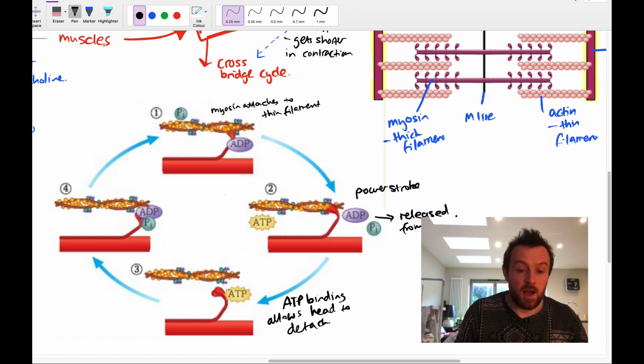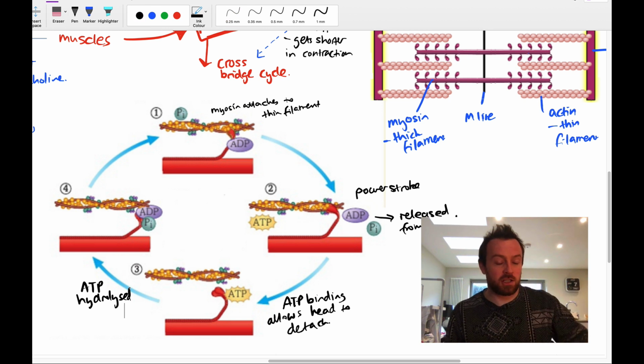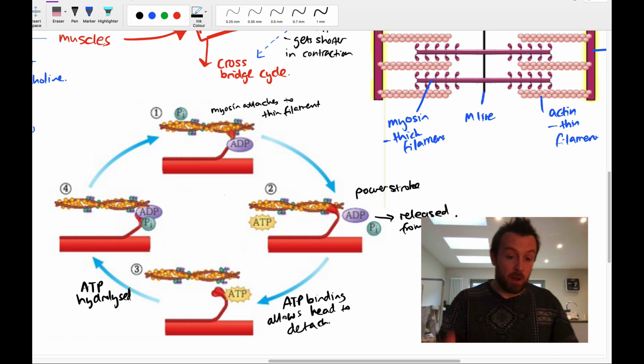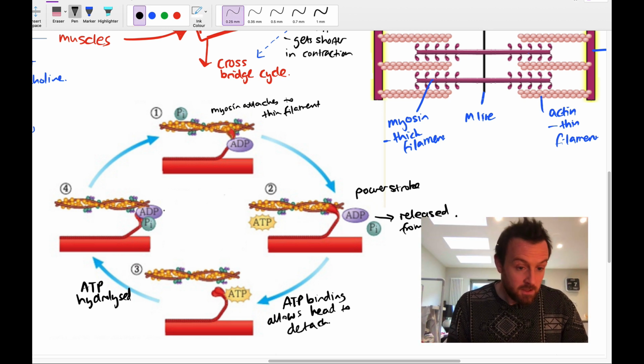And then ATP is hydrolyzed, which allows the head to spring back to its ready position so that it can bind again. So it binds again at 4.